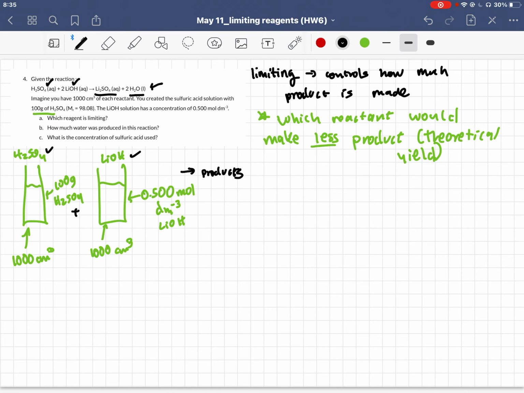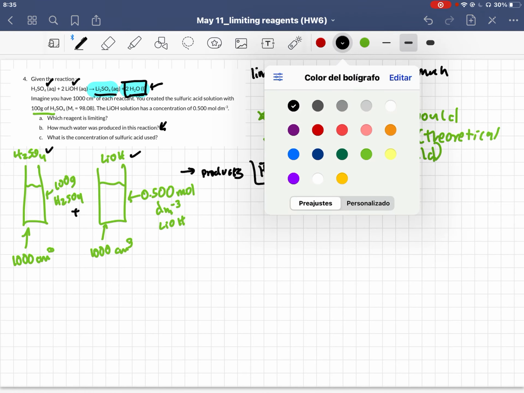All right, so for H2SO4, I'm going to find the theoretical yield. You can find the theoretical yields of either product. I see later on I'm going to need to figure out how much water was produced in the reaction, so I'm going to choose the water product, but you can choose either product.